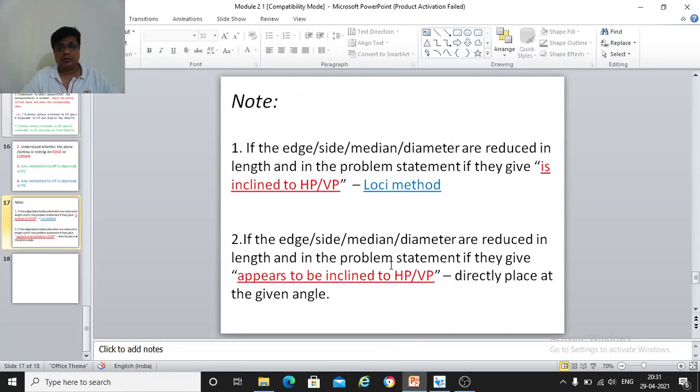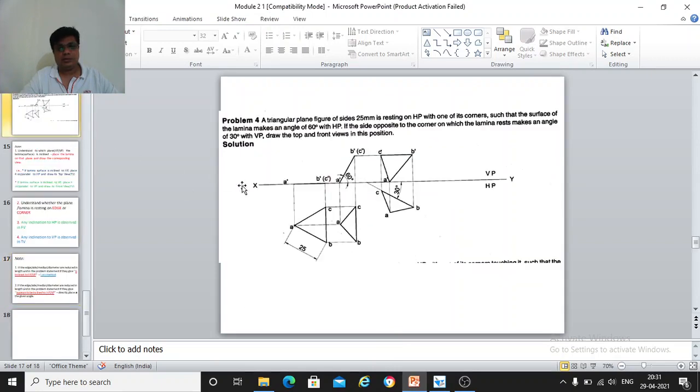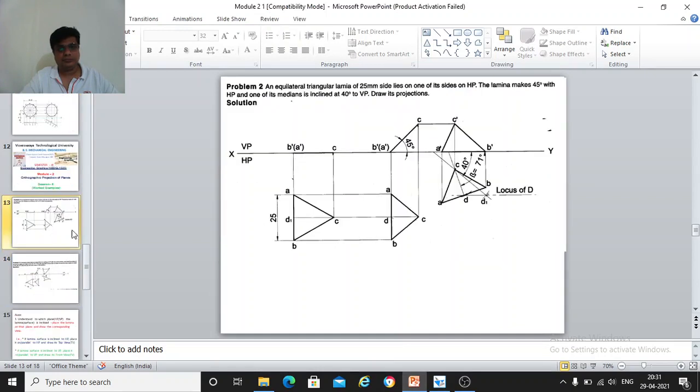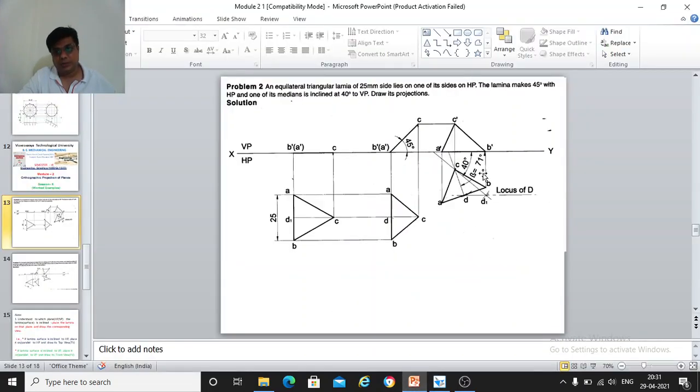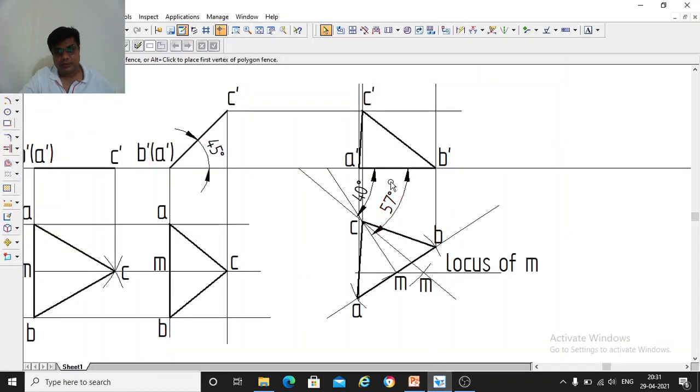The solution for this triangle is given here. So this is how it looks. In the solution it is given beta is 71 degrees, but I am getting 57 degrees. Don't worry, whatever angle you get, measure and write here.